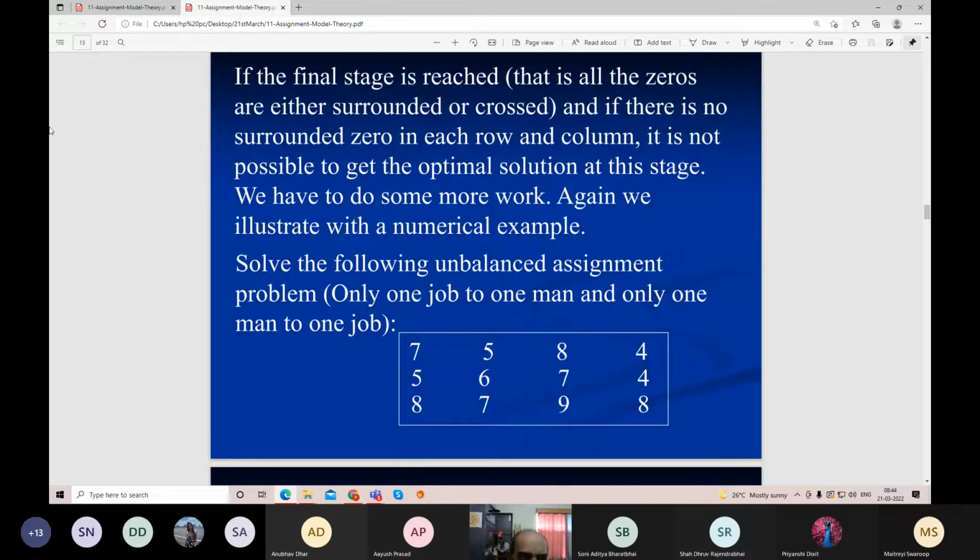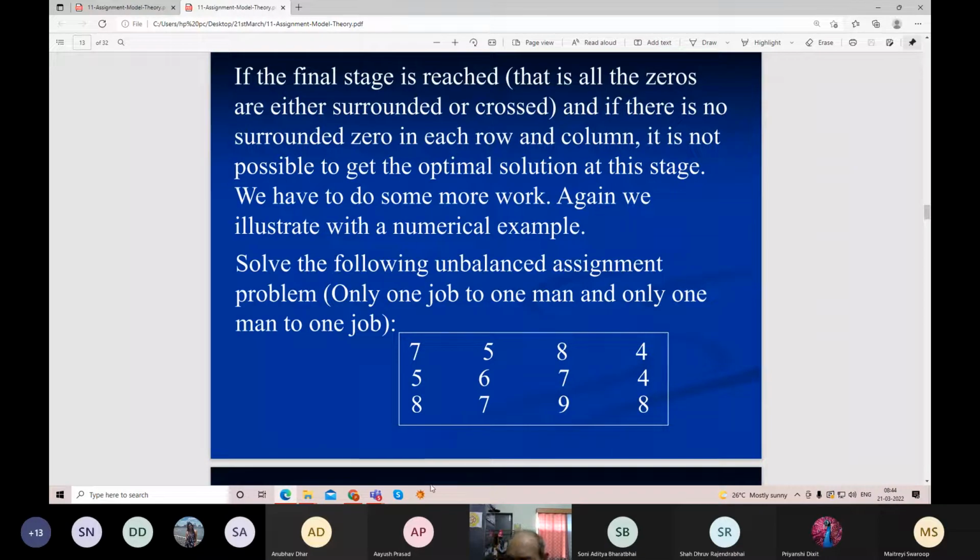See, let us discuss. This is an unbalanced assignment problem. Unbalanced assignment problem means, so here there are 3 workers and 4 jobs. Since it is unbalanced, we have to add one more worker.